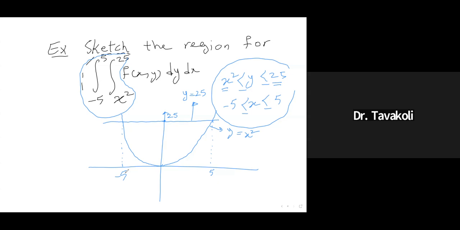While x runs from -5 to 5, y is between x squared and 25. More than x squared, less than 25. So it is going to be this shaded region. So this is the region that we are having in this example.